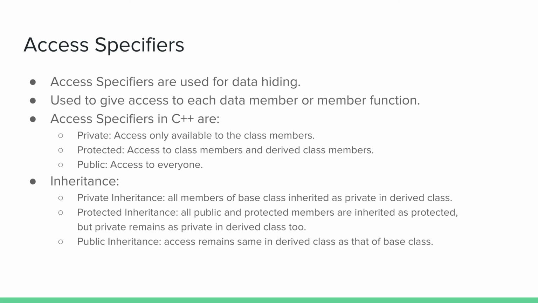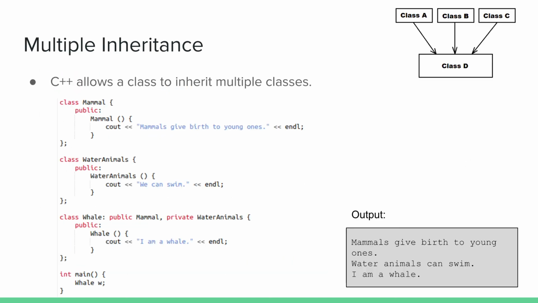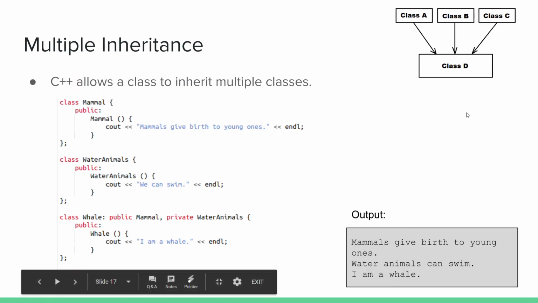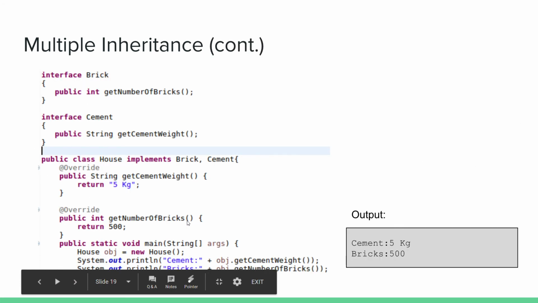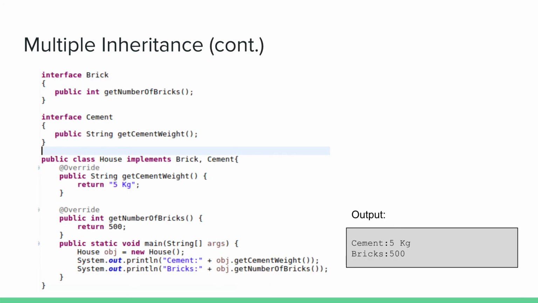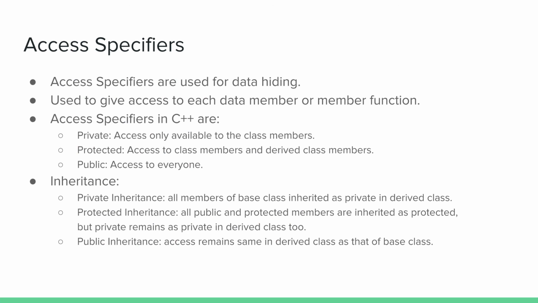Now coming to inheritance, if the base class is inherited as private, as you remember we were specifying this private here, then all the members of the base class are inherited as private in the derived class, irrespective of the access specifiers in the base class.